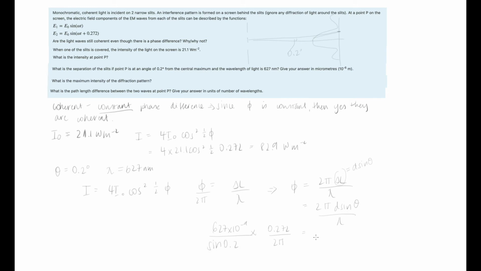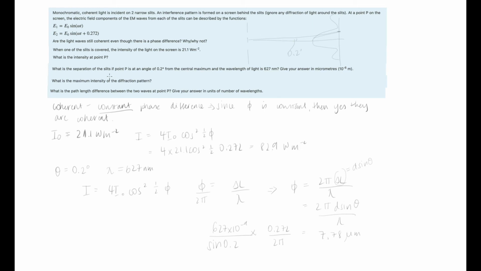And then when we do that, we get, and we have to put our answer into micrometers, something along the lines of 7.78 micrometers. So that's the answer to that part.